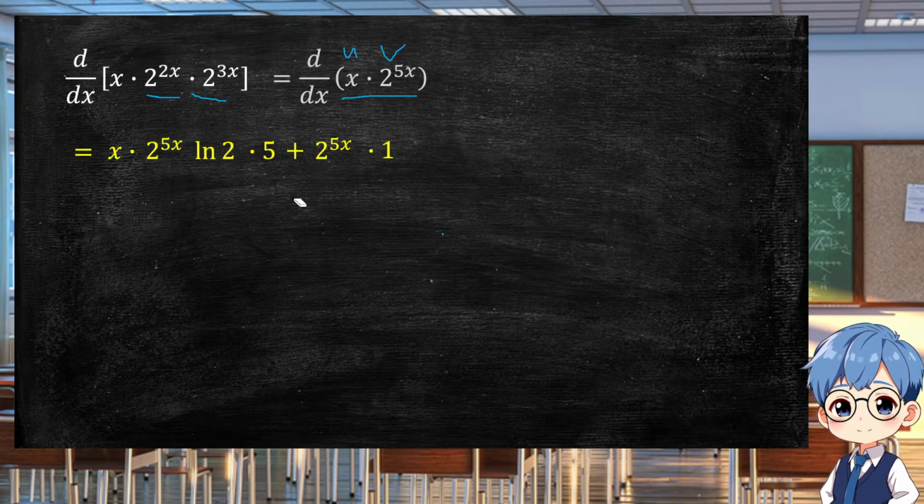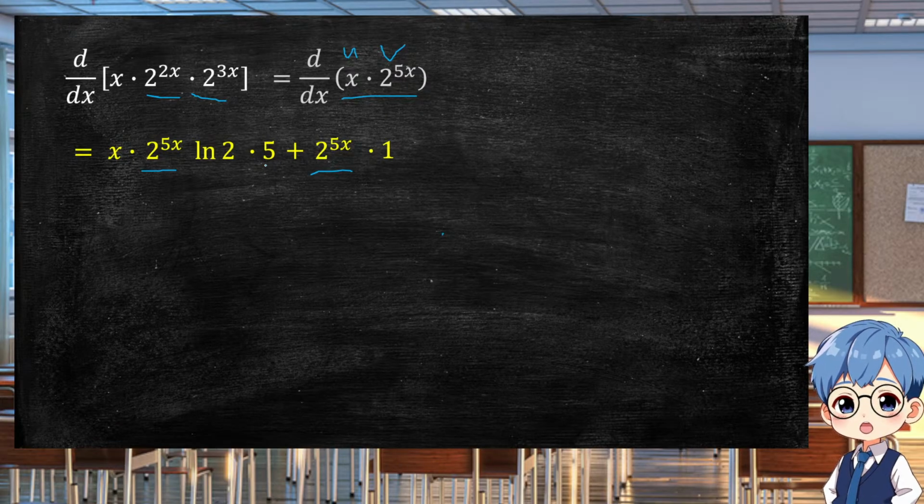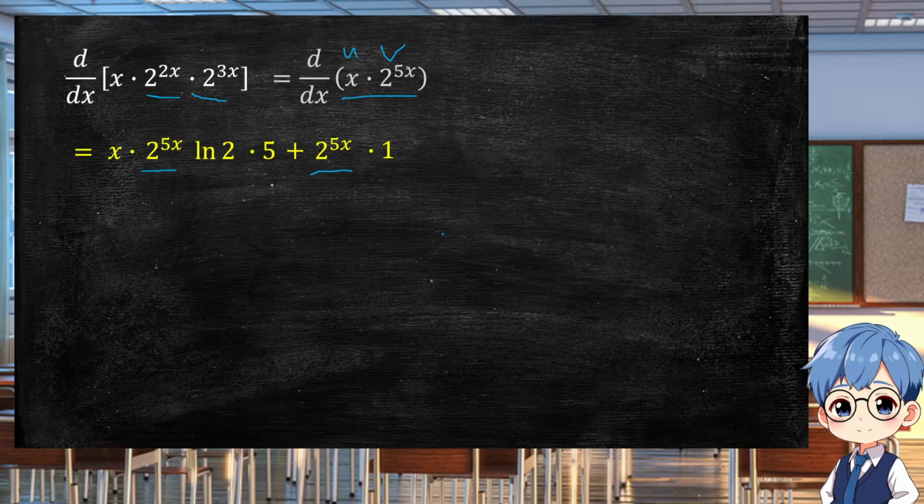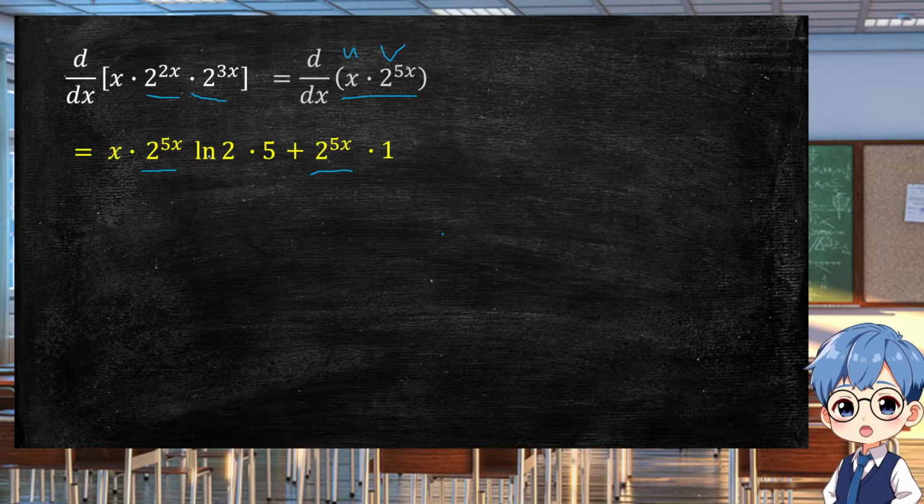Okay, so take note, the common factor is 2 to the power of 5x. So we can factor out. So what will remain? We have x ln of 2 times 5. Again, you cannot multiply 5 to 2 because 2 is an argument for ln. So we just rewrite it as 5 ln of 2, right?